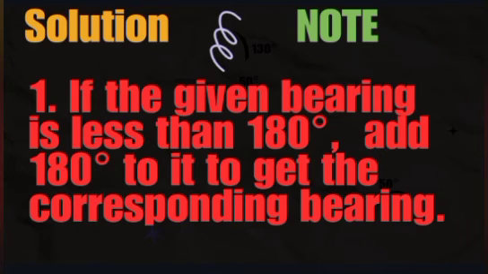The first aspect is when you are given a first angle that is less than 180. If the given angle or bearing is less than 180 degrees, add 180 degrees to it to get the corresponding bearing.